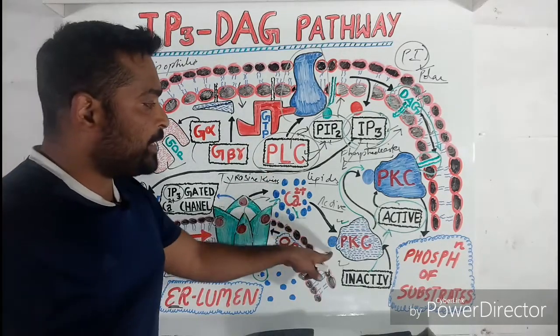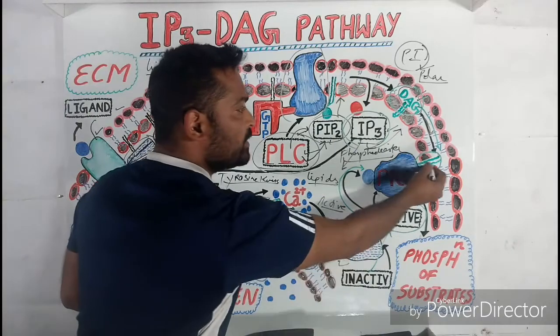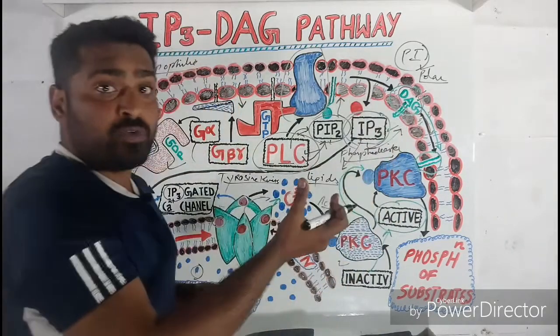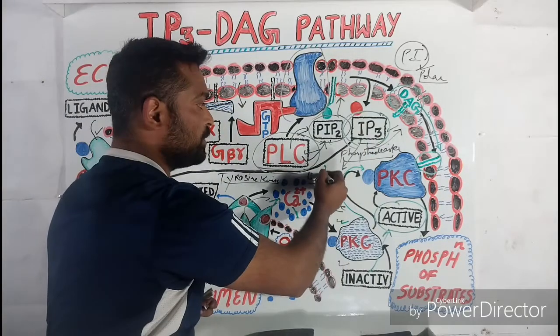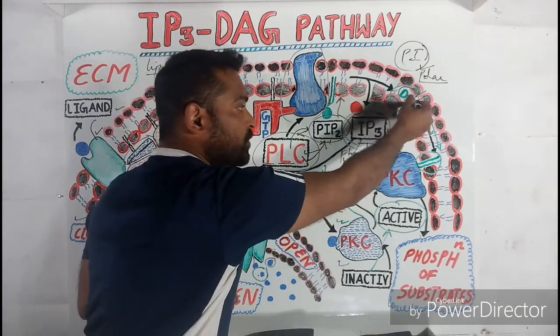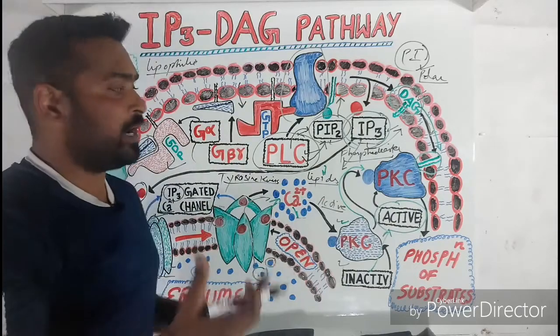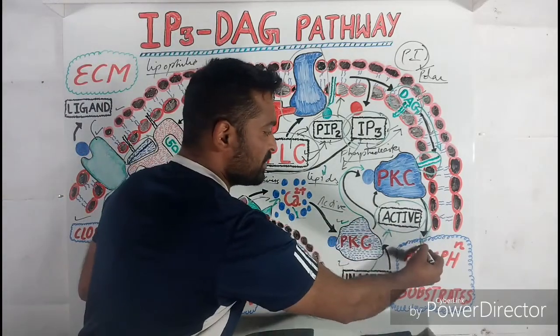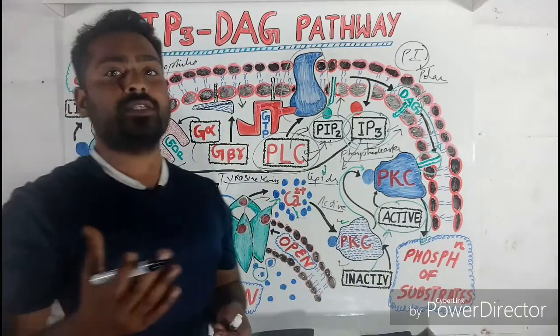These calcium ions bind to the PKC, which recruits the enzyme to the cell membrane, and after that the DAG, because it's a lipophilic molecule, cannot come into the cytoplasm, it has to be here, so it acts on this enzyme and makes it active. After the activation, the PKC can go on to its substrates and phosphorylate them, and then we see the results.